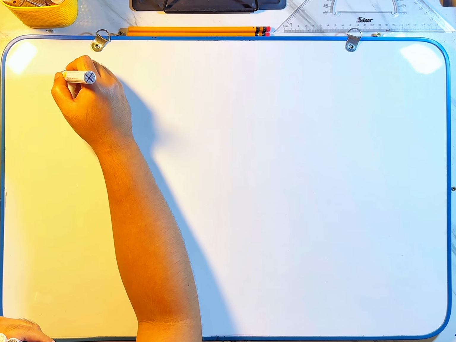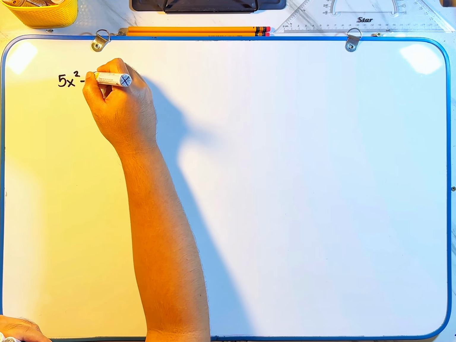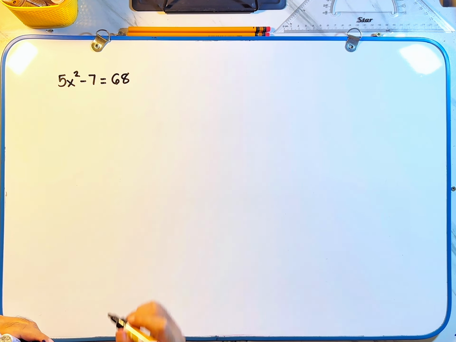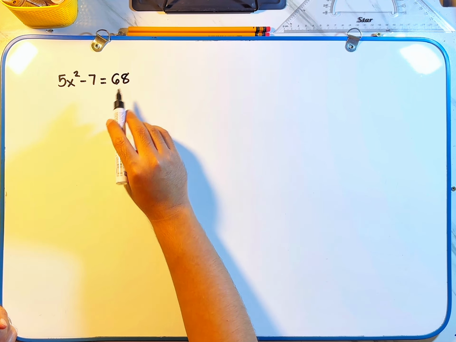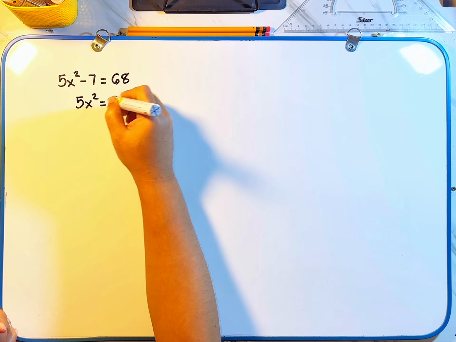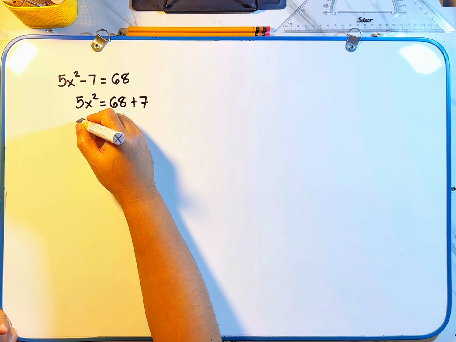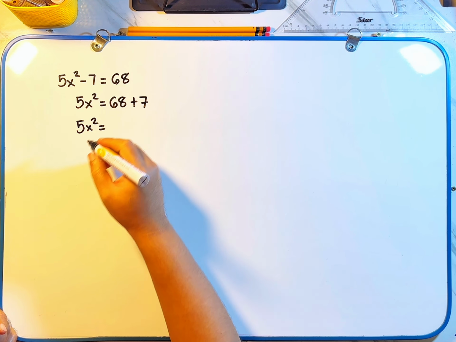Next, let us try to solve this quadratic equation. Suppose we have 5x squared minus 7 equals 68. All right. First, transpose negative 7 to the other side. Therefore, we have 5x squared equals 68 plus 7. 68 plus 7 is 75.